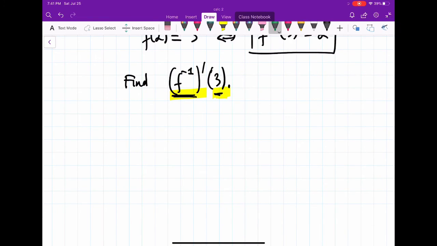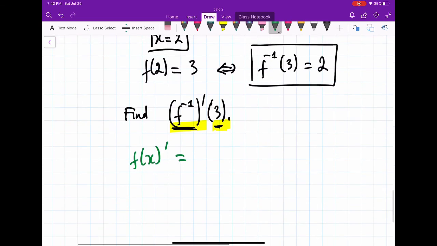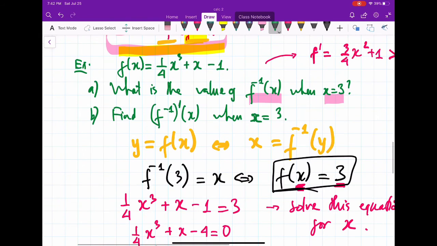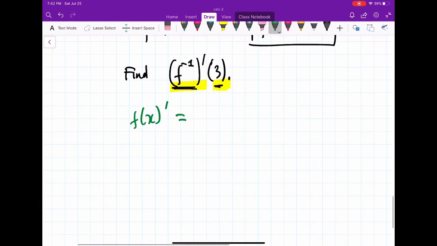I need to find the derivative of the function. F of x derivative is equal to, let me see, the function is this one. So the derivative is 3/4 x squared plus 1.